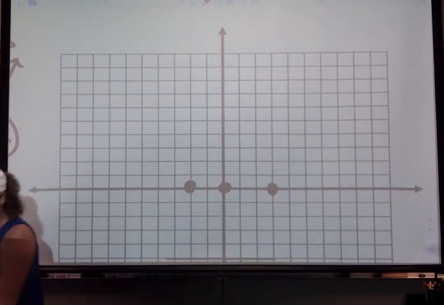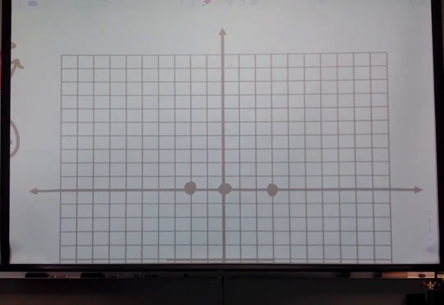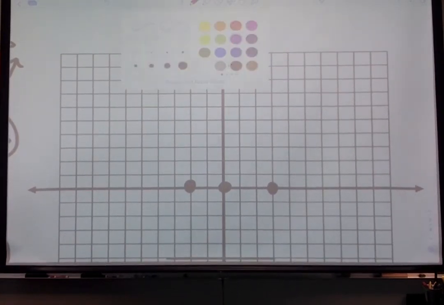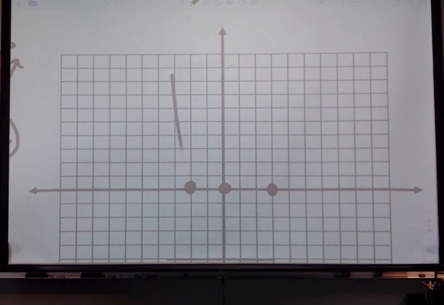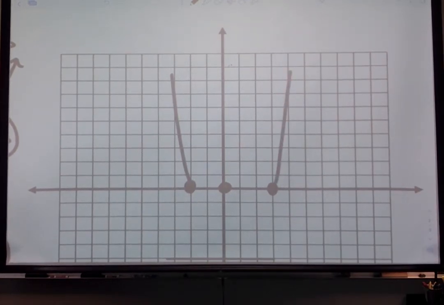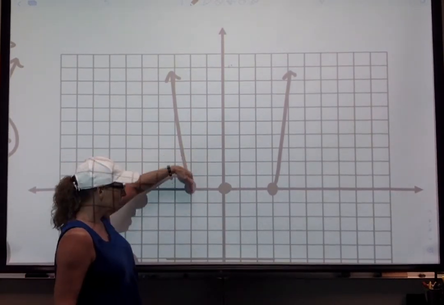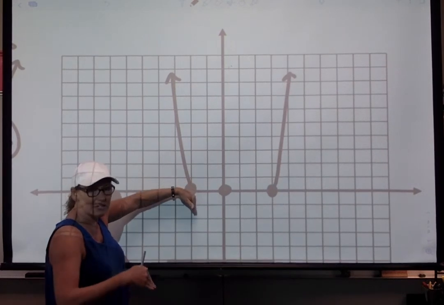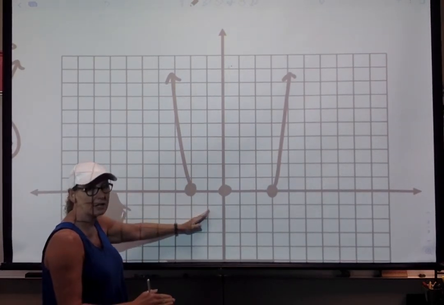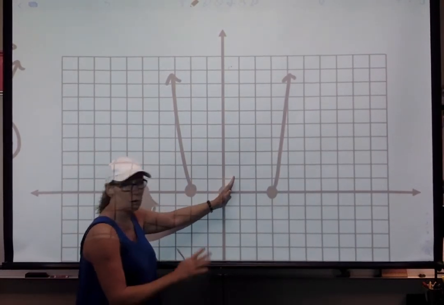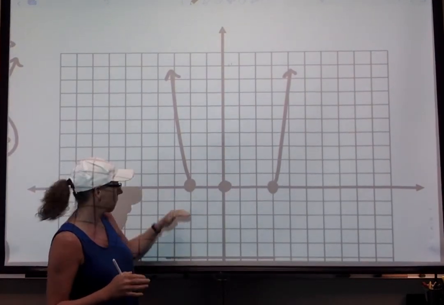And remember my end behavior. So my end behavior looked something like this. So what's going on down here? Well, it crosses through. How far down do I go before turning, coming back up, and whoa, no, don't pass through.